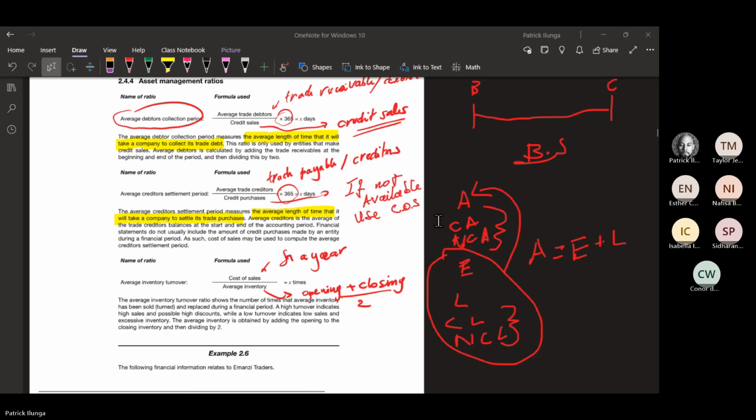Asset, equity, liability, all right? So your asset is divided into your current asset, which is your short-term asset, and your non-current asset. Current, happening now, short-term. Non-current, not short-term, longer period. Is that clear?